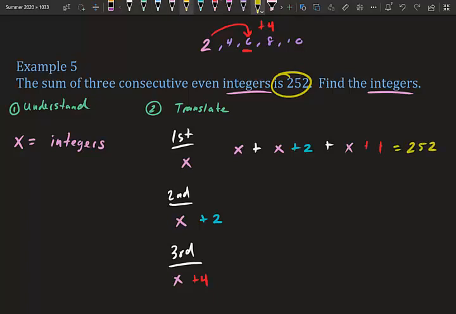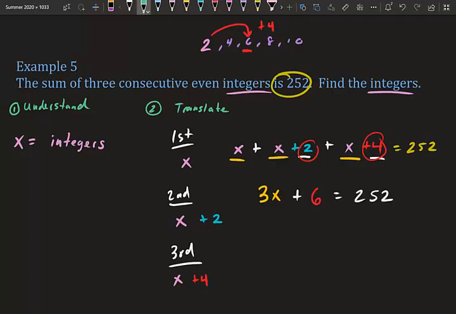So to combine like terms, we have x and x and x, so that's 3x. My bad. I wrote the wrong number. 2 plus 4, sorry, 2 plus 4 is 6, and that equals 252.